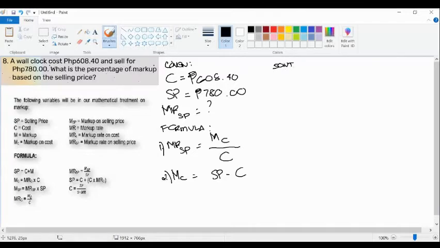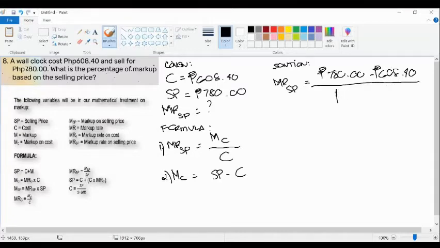So we're going to use two formulas. Our solution, markup rate on the selling price equals 780 pesos minus 608 and 40 cents over 780 pesos. So 780 pesos minus 608 and 40 cents will give us an answer of 171.60 centavos.